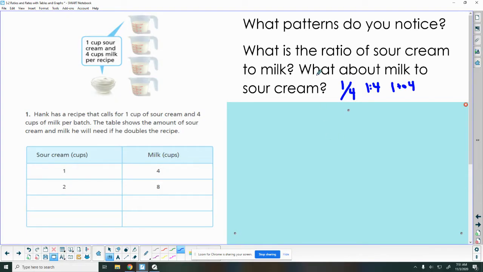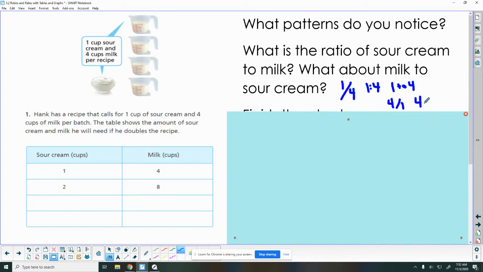So now pause and see if you can write down the milk to sour cream ratio. So that one would just be the opposite. I could say it's 4 to 1. 4 divided by 1 is 4. So I need 4 times the milk, or I can do that backwards, a fourth of the sour cream.